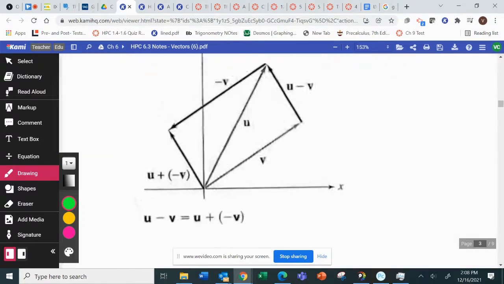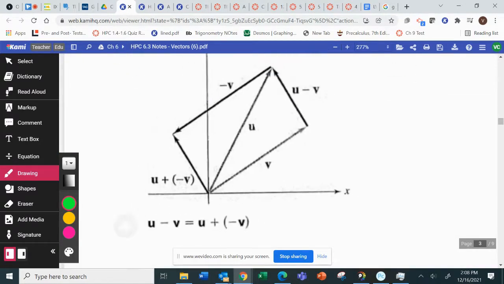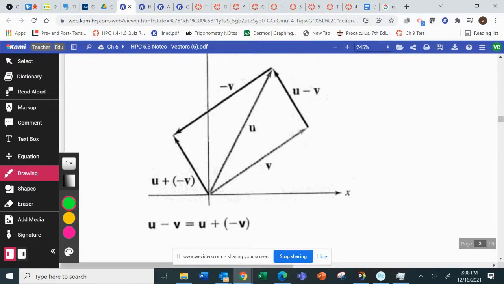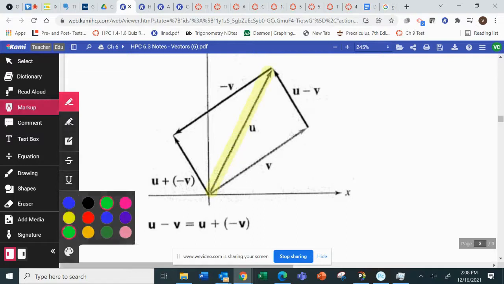And then down here is showing you that subtracting vector v is exactly the same as adding a negative vector v. So let's see, u plus v, where's my u? My u is this guy, and then my v is this one.